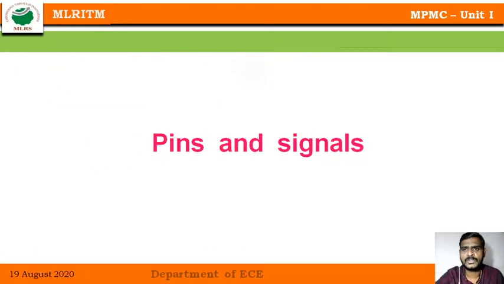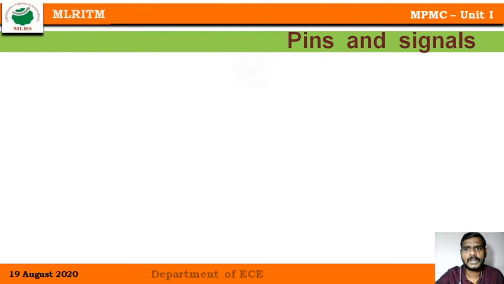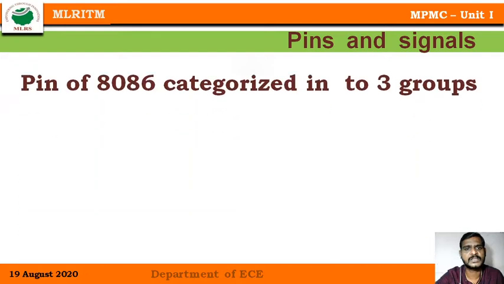So mainly 8086 is available in a 40 pin dual inline package. These 40 pins are mainly categorized into three groups. Why these three groups? Because we know that our 8086 processor is capable of working in two different modes of operation, the minimum mode and the maximum mode.